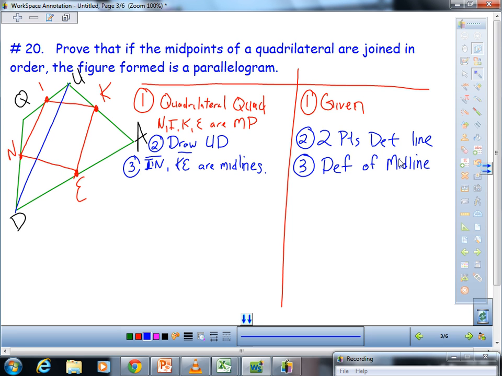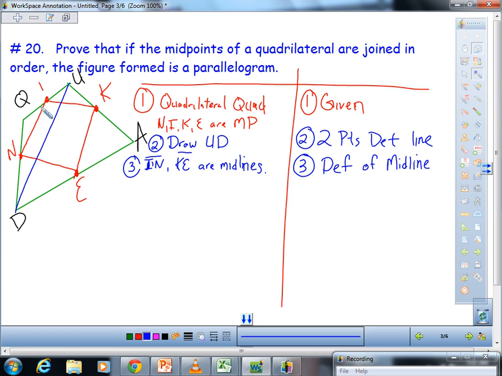I think that is a property of midlines. The definition of midline is, Jody? Yeah. If a segment joins the midpoints of two sides of a triangle, then it's a midline. Okay? That's the definition of midline.